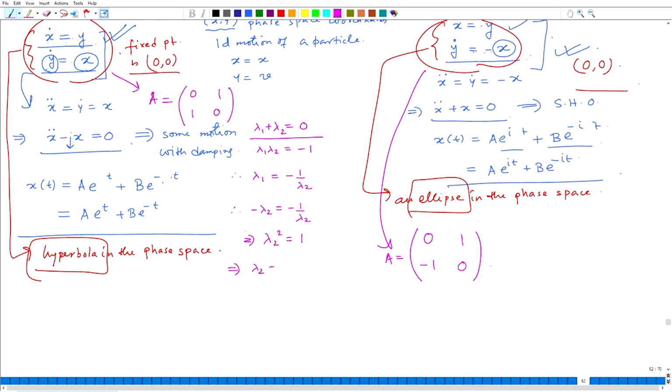So, lambda 2 is equal to plus minus 1, and if lambda 2 is equal to plus minus 1, then lambda 1 is equal to minus plus 1, because of this relation and this relation as well. So, the first point is that here the fixed point is not a node because the two eigenvalues do not have the same sign. Second point is that they are equal in magnitude. Now, what will be the nature?